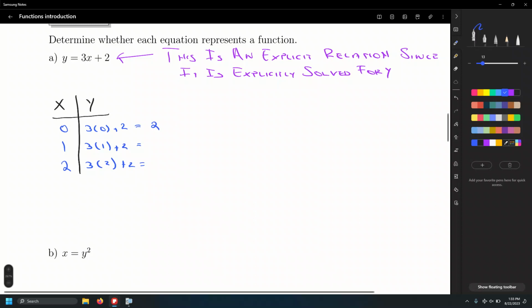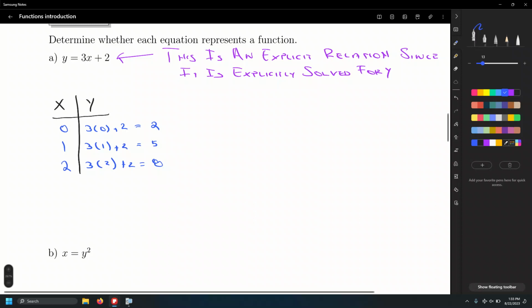3 times 1 equals 3 plus 2, that equals 5. 3 times 2 is 6 plus 2, that equals 8. So we have 2, 5, and 8. All right, this is more than enough for our next purpose. So again, do you see how we are relating x values with y values?